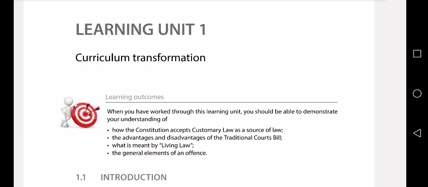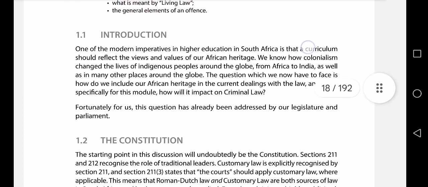When you have worked through this learning unit, you should be able to demonstrate your understanding of how the Constitution accepts customary law as a source of law, the advantages and disadvantages of the Traditional Courts Bill, what is meant by living law, and the general elements of an offense.